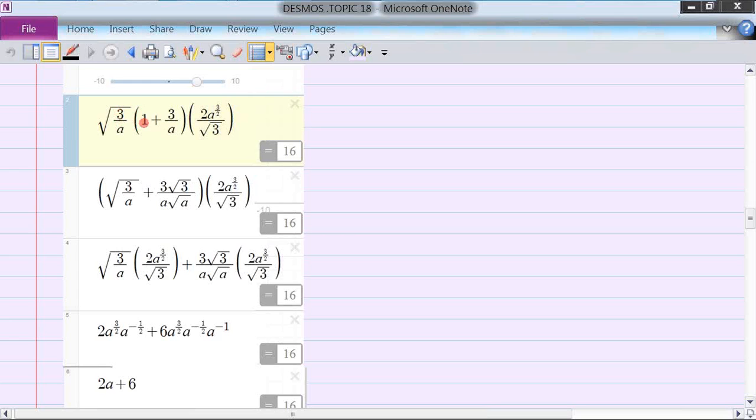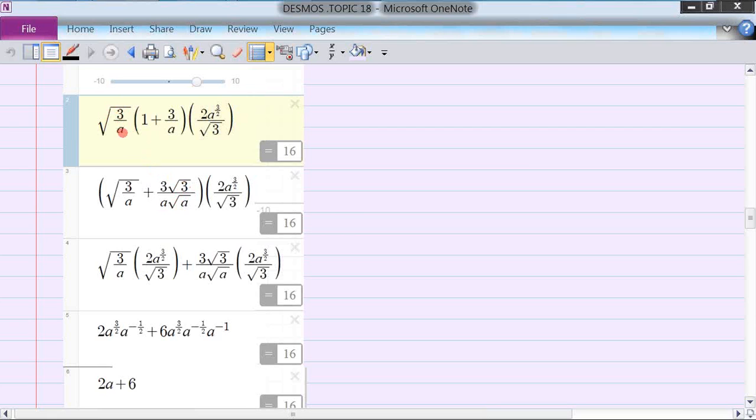So I'm going to multiply this times this, and then I'm going to multiply this times this, and I'm going to leave this alone. So this times this gives me that. It's not going to change because I'm multiplying by 1. Root 3 over a times 3 over a. This stays outside the radical sign, and this is inside the radical sign.